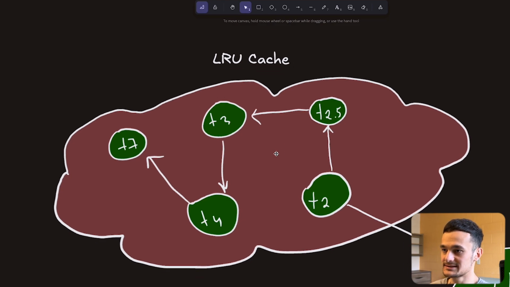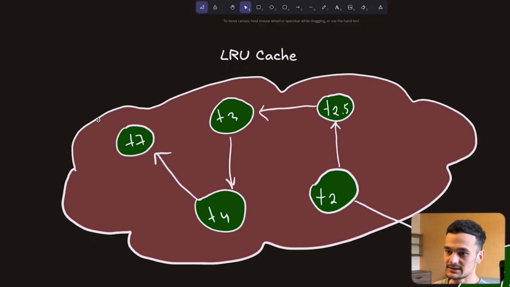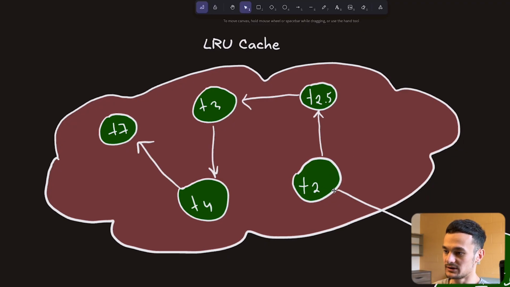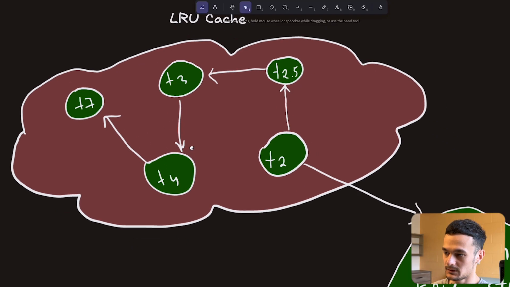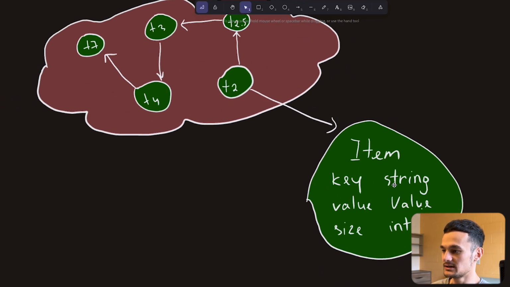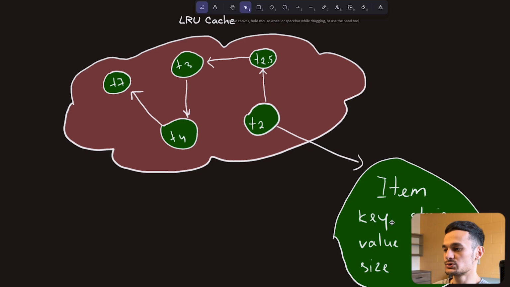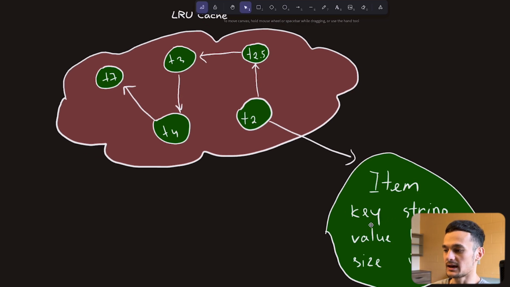As you can see, this is our cache, and what you currently see is our memory. When I say we keep items in memory, these items will have a key. I'm going to make this tutorial and the code as close to production as possible, so I'm going to use string as key, and value would be something of type Value.